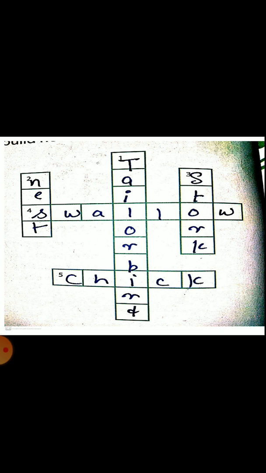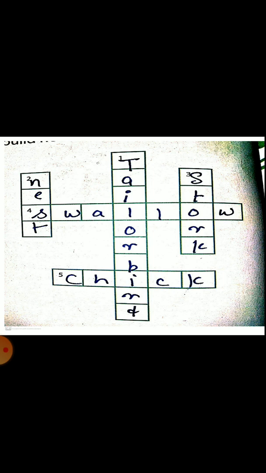Now, the one down: it stitches leaves together for its nest. The answer is tailor bird. Second down, the place where a bird lays its eggs. The answer is nest. Third down, it builds its nest of sticks on trees.